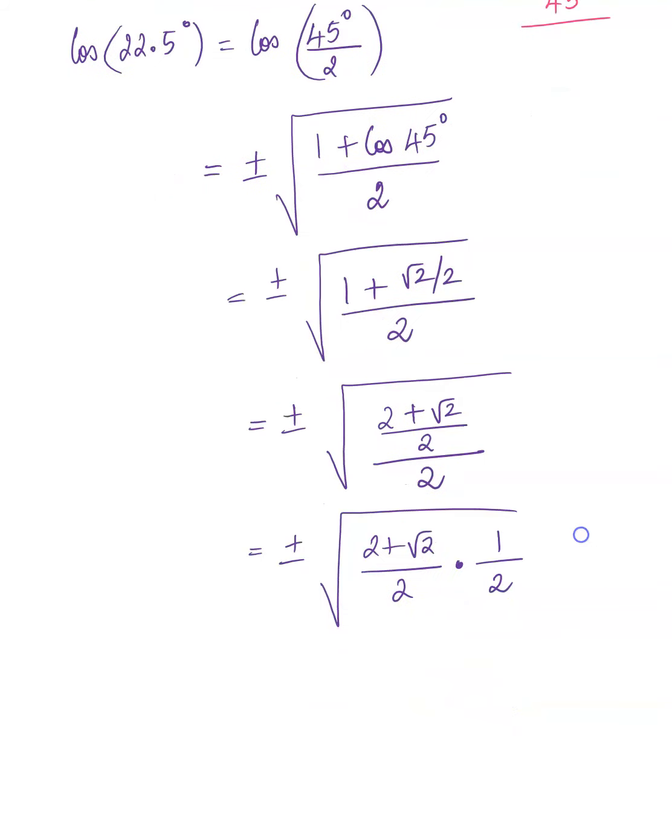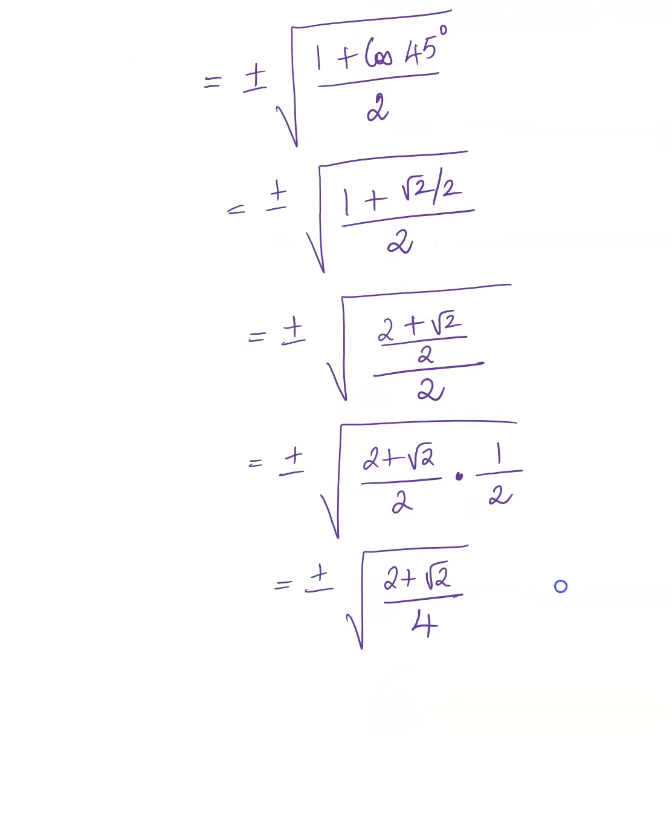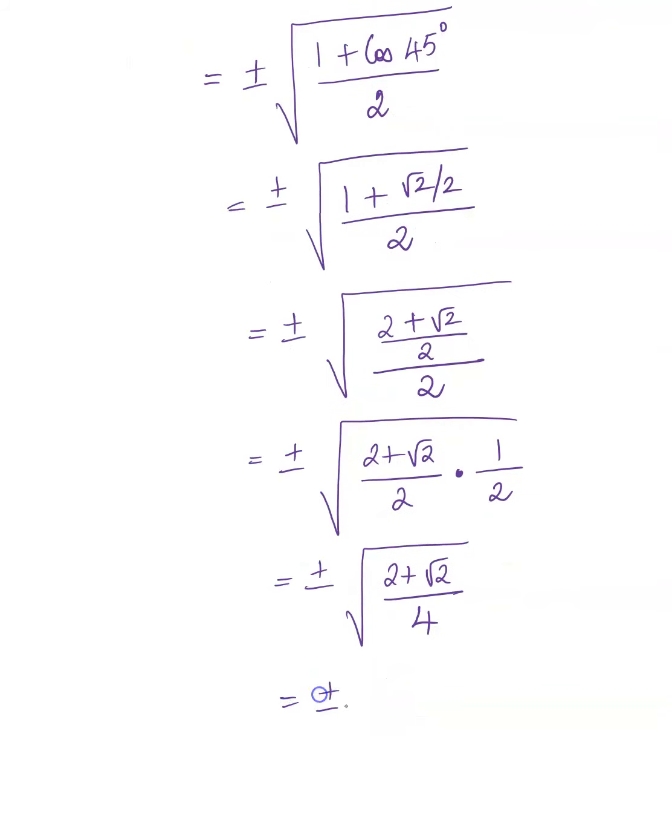Flip the denominator. That gives us plus or minus square root of 2 plus root 2 over 4. For the denominator, you can take the square root of 4, which gives us a 2. And on the left hand side, we had cosine 45 degrees over 2.